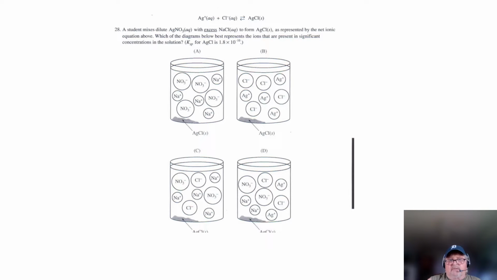The 10 to the minus 10 in this equation tells you how much is soluble, so it's a fairly close approximation. Basically, it says that there's 1.8 times 10 to the minus 10th moles per liter of this ion present, which is a very, very small amount. So most of it is going to be a precipitate.